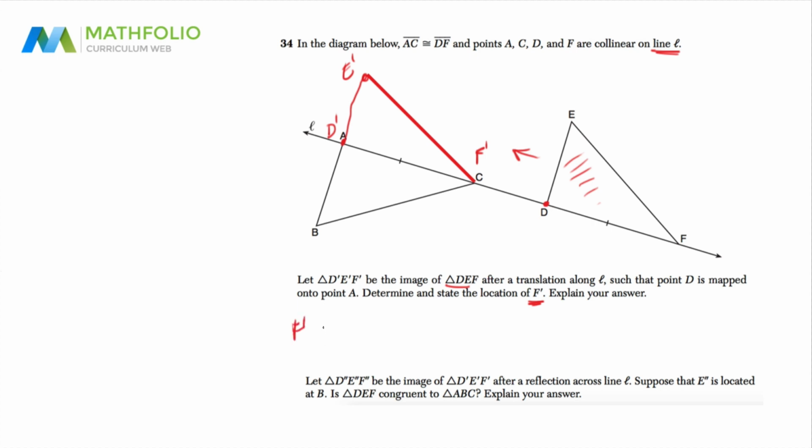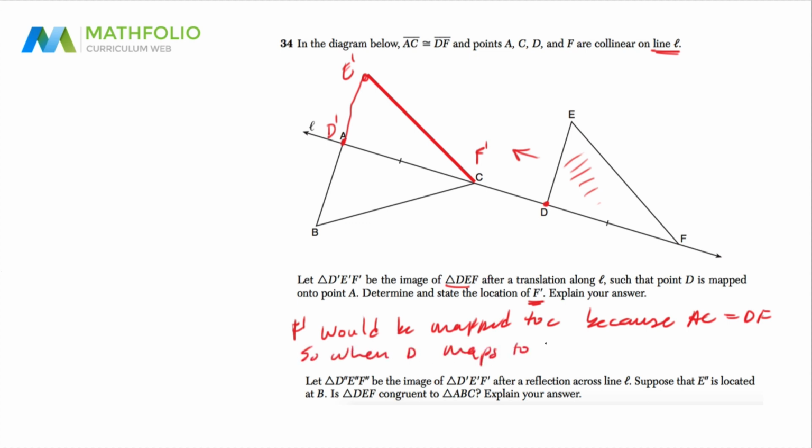So F prime would be mapped to C because AC equals DF. So when D maps to A, F must map to C.